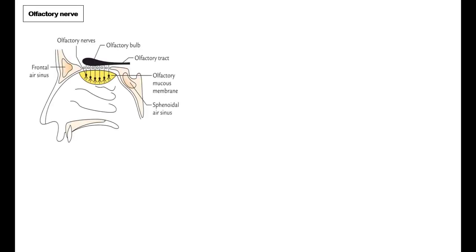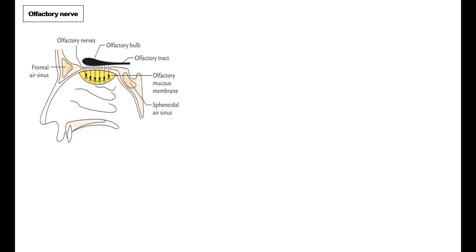The first cranial nerve is the olfactory nerve. Olfactory nerves are actually neurons. It is the only site in the body where neurons are exposed to the surface of the body.